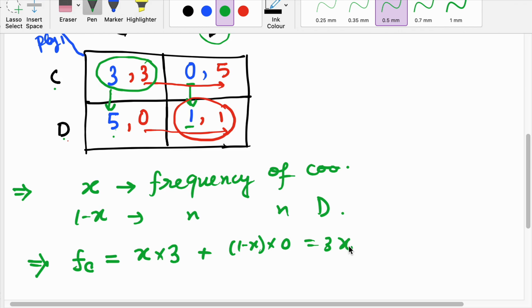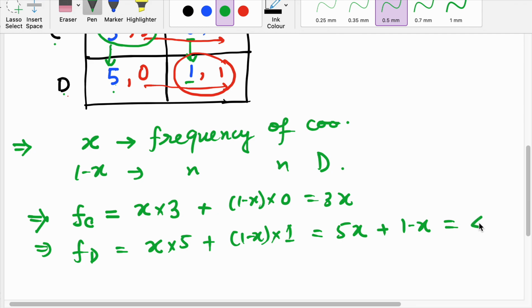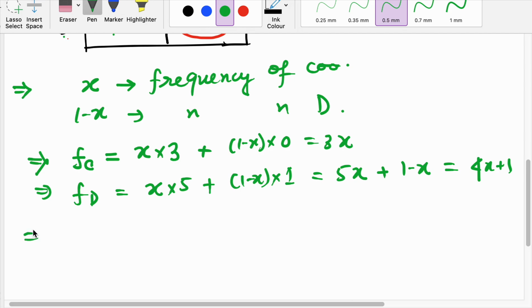That means 3x is the fitness of the cooperator. What will be the fitness of the defector? With probability x it will get 5, and with probability 1 minus x it will get 1. That means 5x plus 1 minus x, which is 4x plus 1.